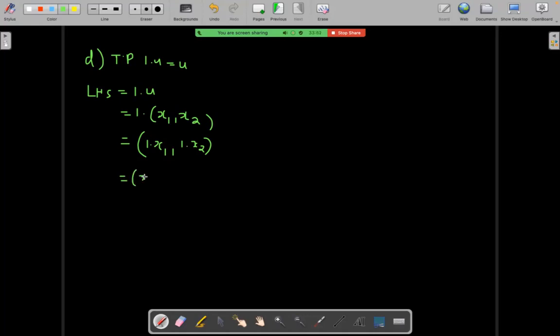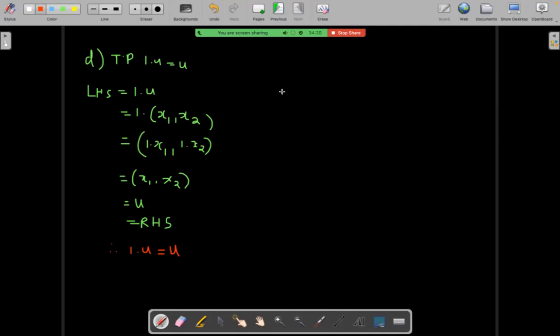Therefore, we are getting x1 comma x2. What is x1 comma x2? Which is u. So we got the right hand side. We started with 1 into u that leads to the right hand side, u. Therefore, we can say this property is true. Therefore, 1 into u is equal to u.